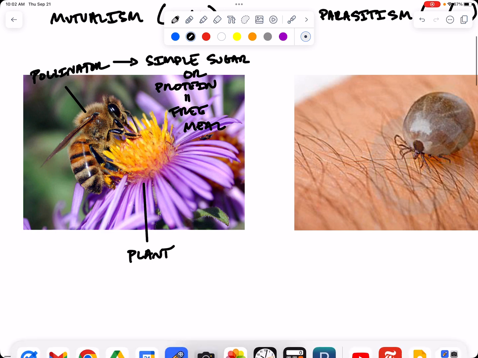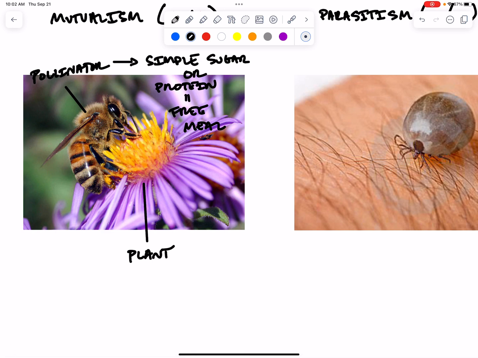The plant is also getting something out of this relationship. What the pollinator might be unaware of is that as it goes from flower to flower to flower, it is delivering pollen from one flower to the next flower. Pollen is similar to sperm in that it is one of the reproductive gametes, sex cells of the plant.